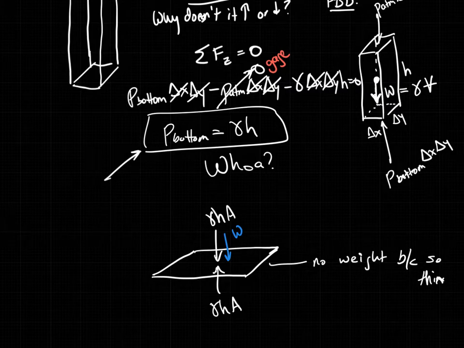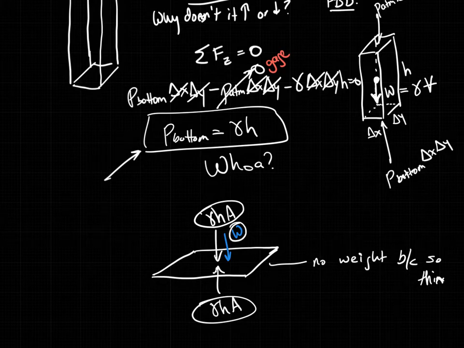Essentially the top of this thing is hydrostatic, the bottom is hydrostatic, but this thing is also supporting the weight of the fluid. What I want to tell you is that if you do this, you double count. I think you can already see this is not going to work, because this weight plus gamma HA is greater than gamma HA, so this could not be hydrostatic.